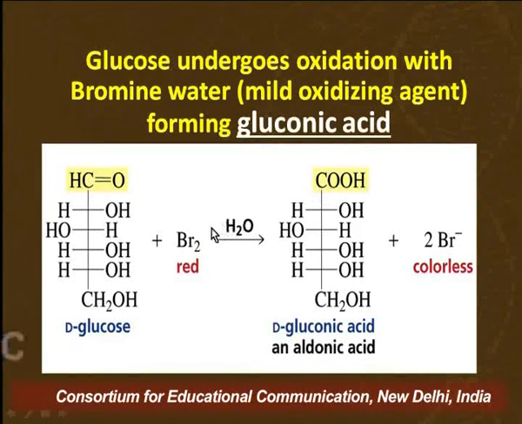How do we come to this term aldonic acid? You drop the word ose of the monosaccharide and add the word onic. So the aldonic acid of glucose will be D-gluconic acid. The aldonic acid of mannose will be D-mannonic acid.